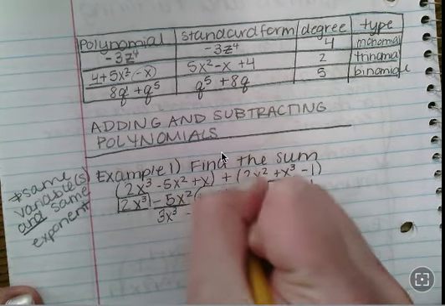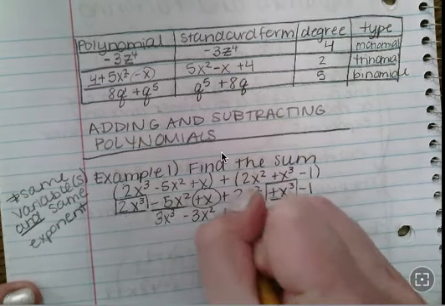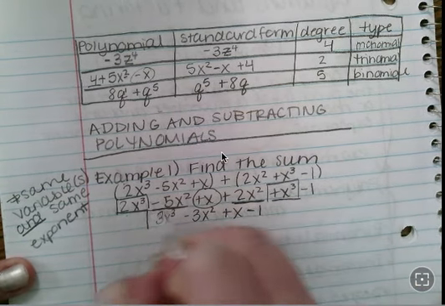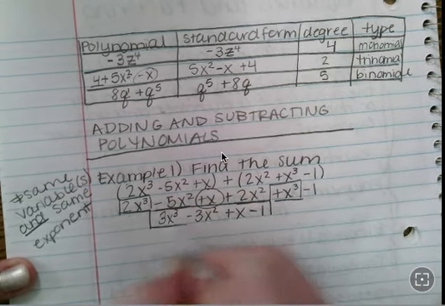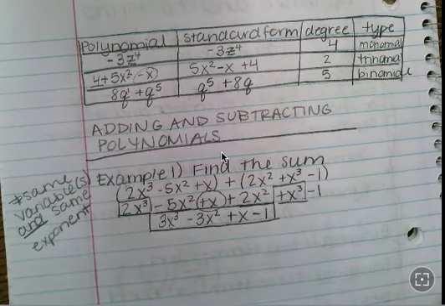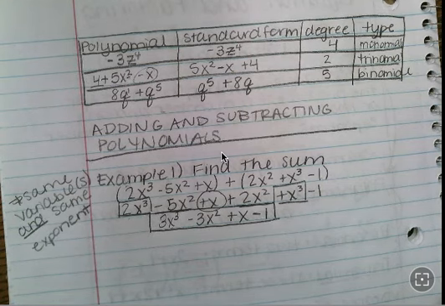Then we've got x here, and x doesn't have any other x's, so we just add it. And that minus 1 on the end stays there too. So your final answer looks like this. You cannot combine the x cubed and the x squared because they do not have the same exponent. X cubed and x squared are what we call not like terms. They're not alike because they have a different exponent.